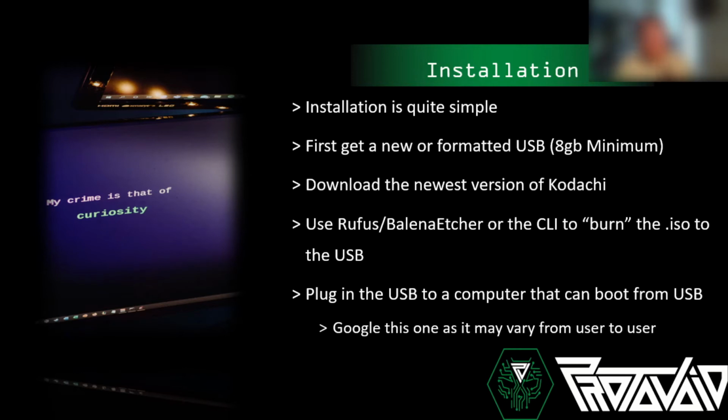However, even on the Kodachi Linux website, it says use VMware. So use that. I installed it, updated it. My VirtualBox is completely updated to the newest one. For some reason, it was just taking forever to load, super laggy. So just use VMware.